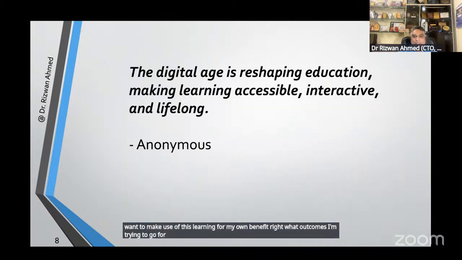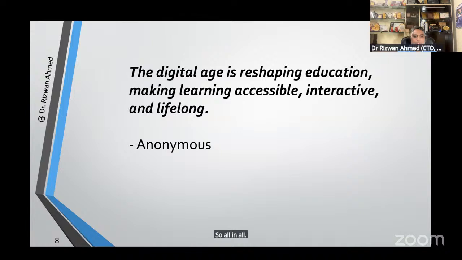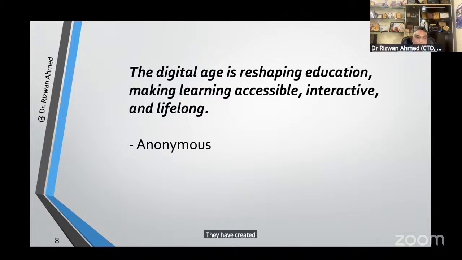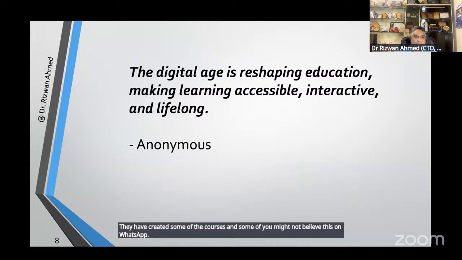So all in all, we are seeing a huge shift in this digital age, wherein, as someone anonymous has said, we are using digital technology to reshape education, making learning accessible, interactive, and lifelong. I know many startup founders whom I'm advising. They have created some courses, and some of you might not believe this, on WhatsApp, wherein they created a WhatsApp bot.